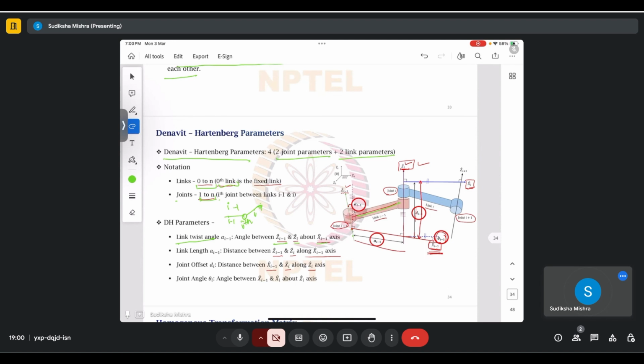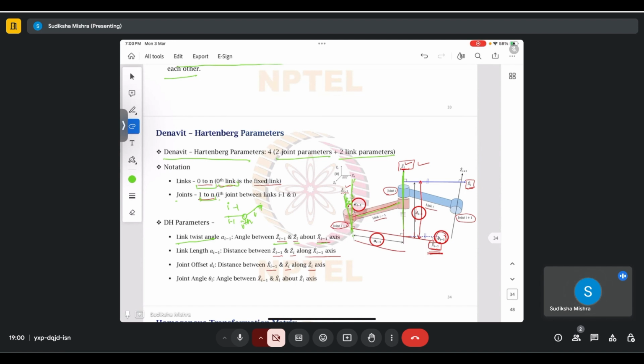So if this is the zi coordinate, and this is the zi minus 1 coordinate, if you just shift it, you can get the angle alpha i minus 1.